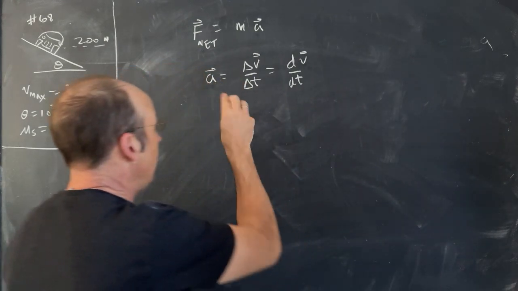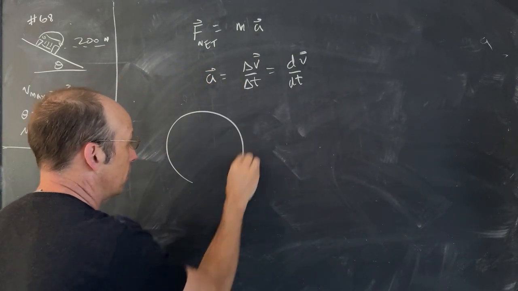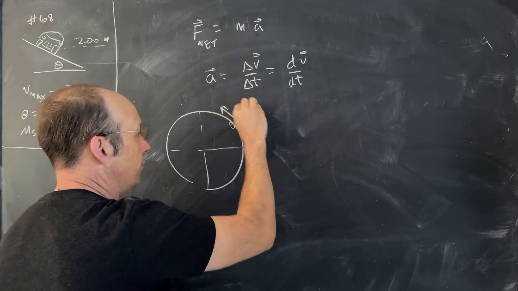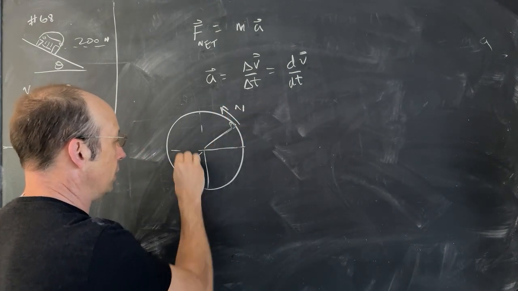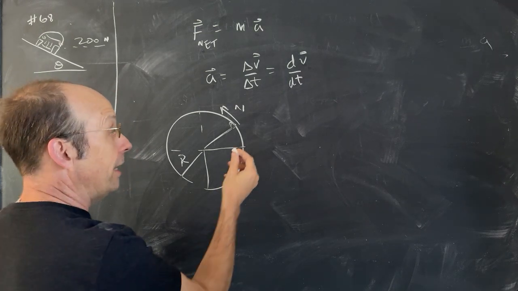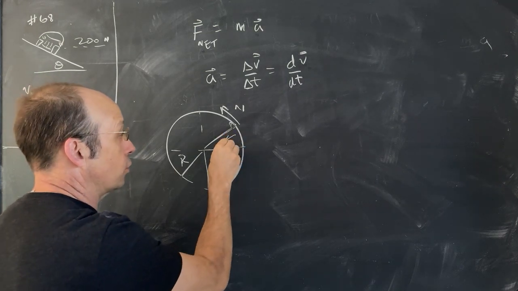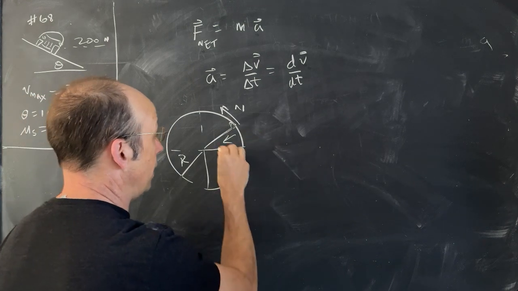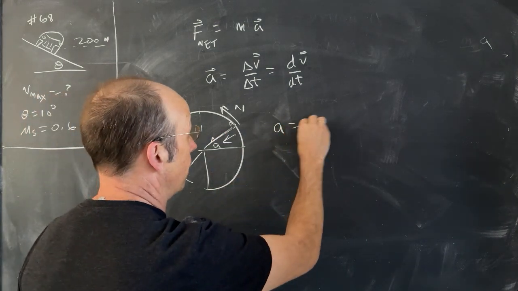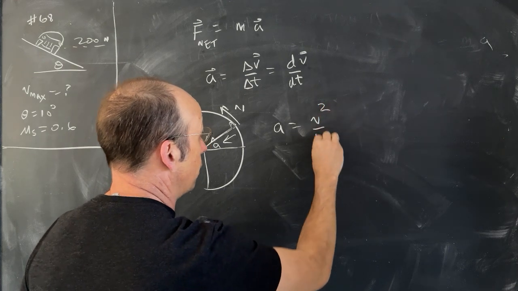Okay. And if we have an object moving in a circle with some velocity v, and the radius of the circle is, I'll use r, then the velocity does indeed change, and the direction of that change in velocity is towards the center of the circle. So that's a hat, that's the direction of the acceleration, and the magnitude of the acceleration is v squared over r.